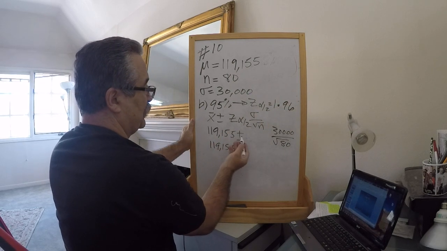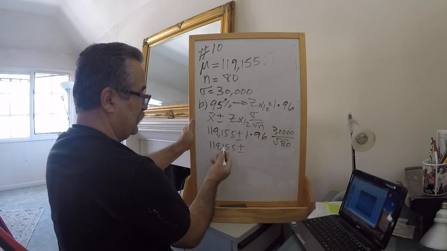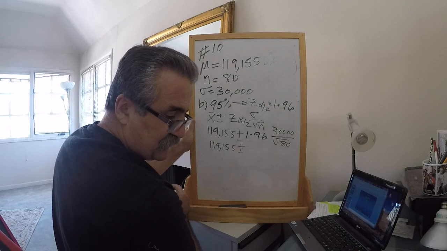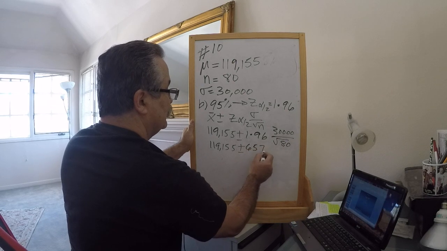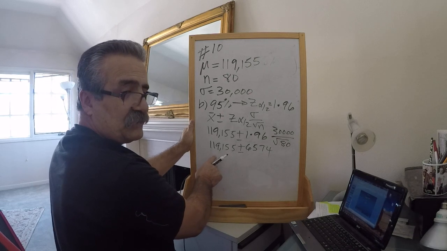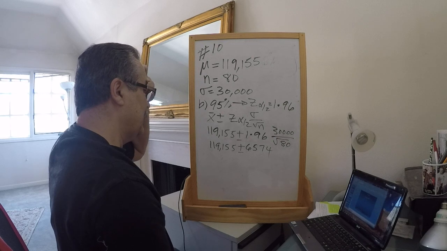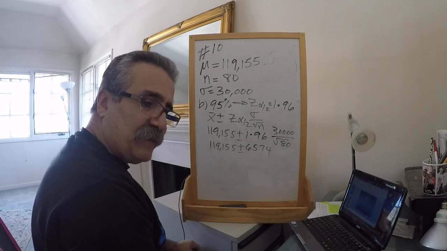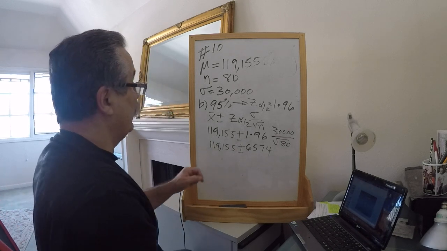This is the formula: this plus or minus 1.96 times this divided by this. And then the answer for the margin of error is 6574. So you add and subtract this, and that is going to give you the range. And we say we are 95% sure that our population mean is going to be within that range.